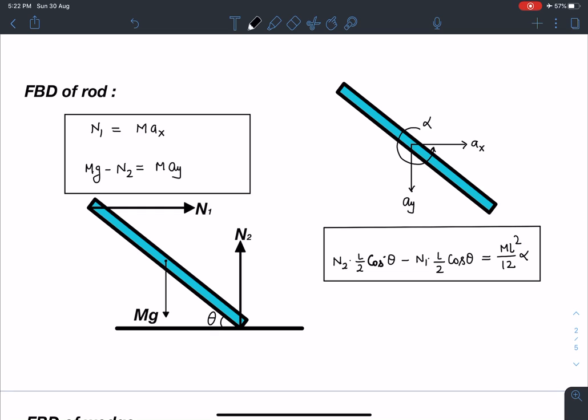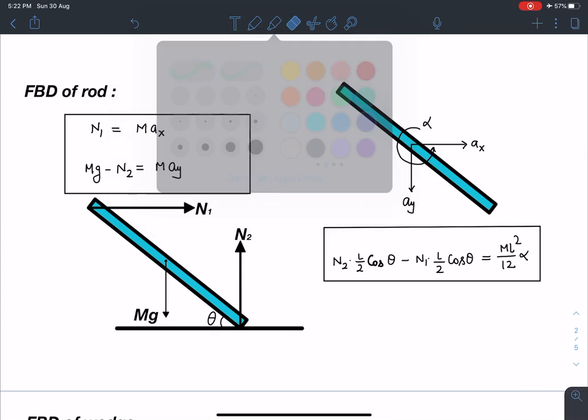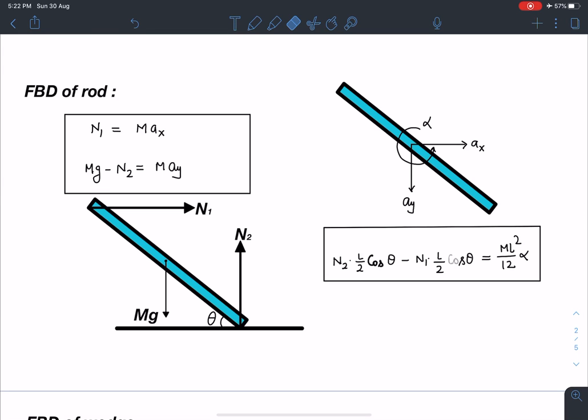This is going to be cos theta, and similarly this part is going to be sin theta. However, it is not going to affect our answer because I have chosen theta equal to 45 degrees, so both values are going to be the same. That's why there will not be any effect due to this, and that is equal to ICM into alpha.